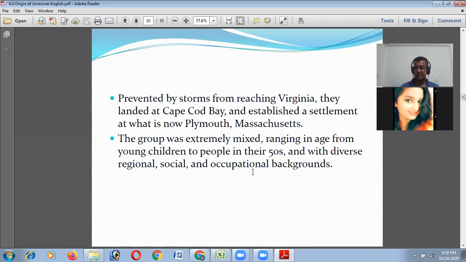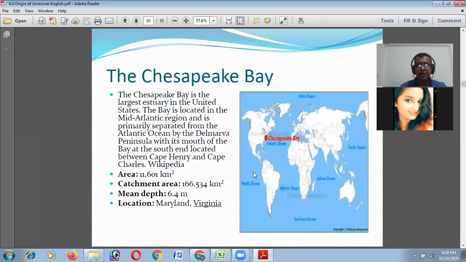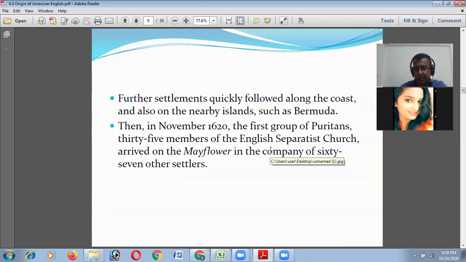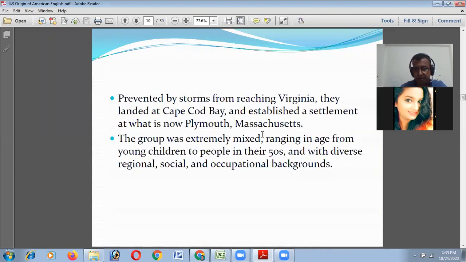So the Puritans wanted to go to this area, this bay, but they failed because of the stormy weather, and they landed there, at Plymouth, Massachusetts. So this Massachusetts is called New England, and the people living in this area are mostly Puritan.